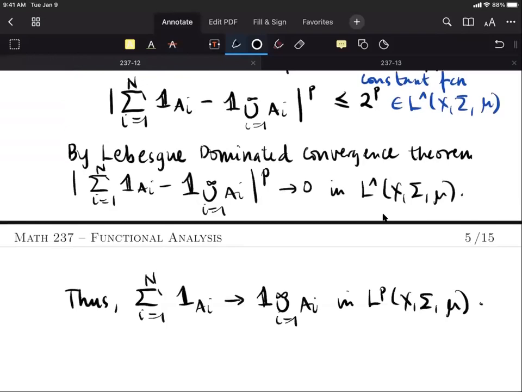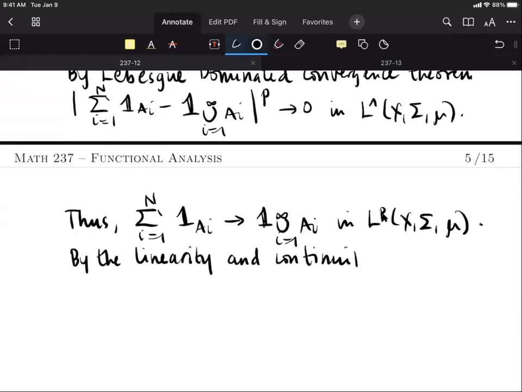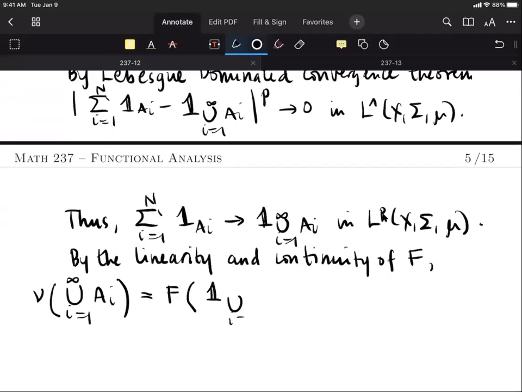Okay, knowing this, and by the linearity and continuity of F, capital F, okay. So starting with the definition of nu, this is by definition F of the characteristic function of the countable union.